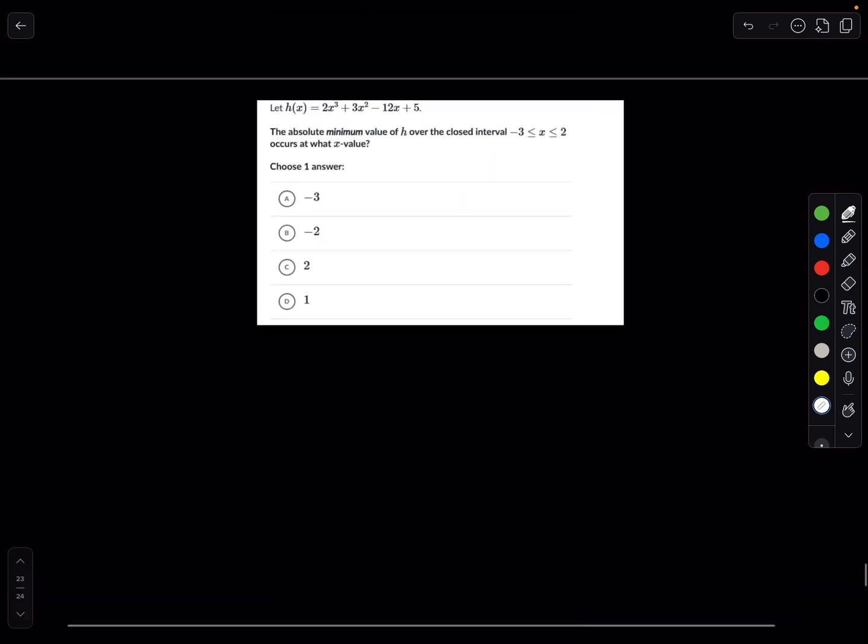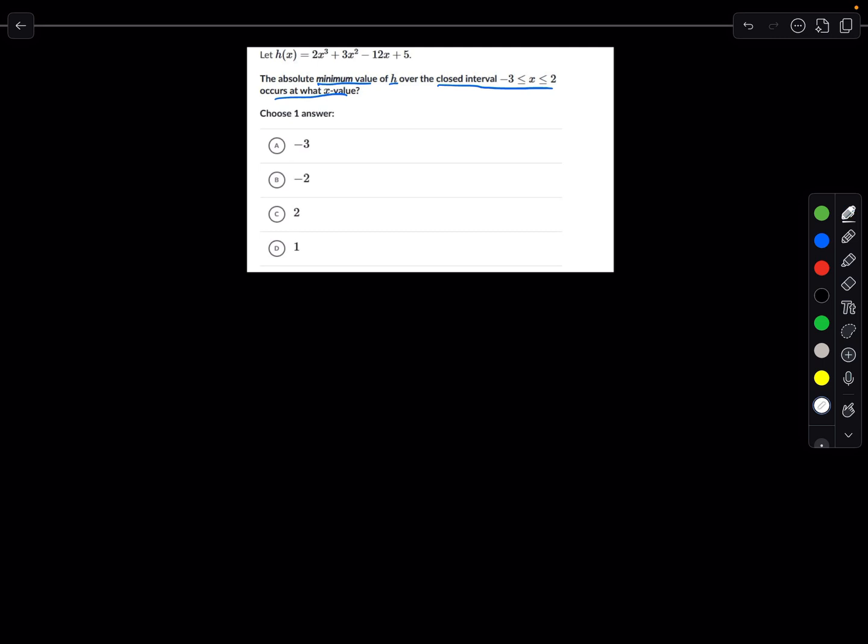Let h of x be this polynomial right over here. The absolute minimum value of h over the closed interval occurs at what x value? Alright, more or less the same question, but the polynomial seems to be a bit longer. We do the same thing.